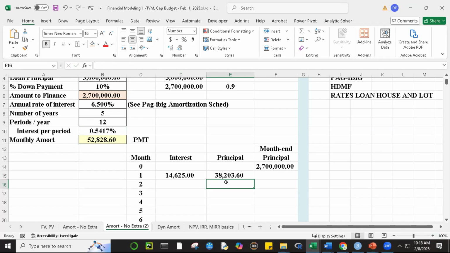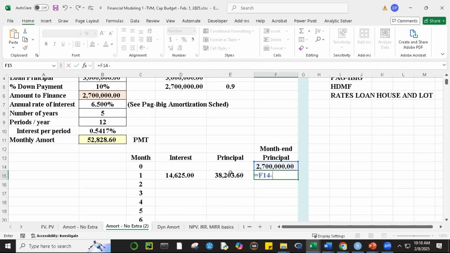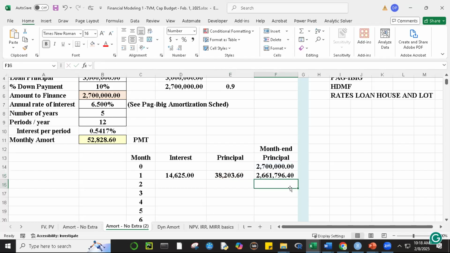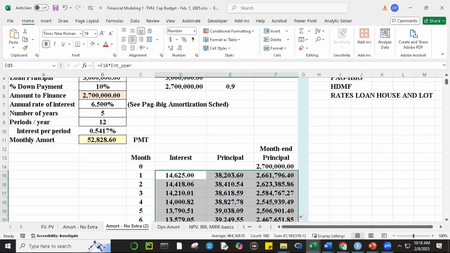The shorter the term, the lower the interest rate will be, which will result in a lower interest payment. The lower interest payment will lead to a higher principal payment, and the higher principal payment will of course lead to a lower month-end principal. So once again, if we click this, copy this down, click it, okay?